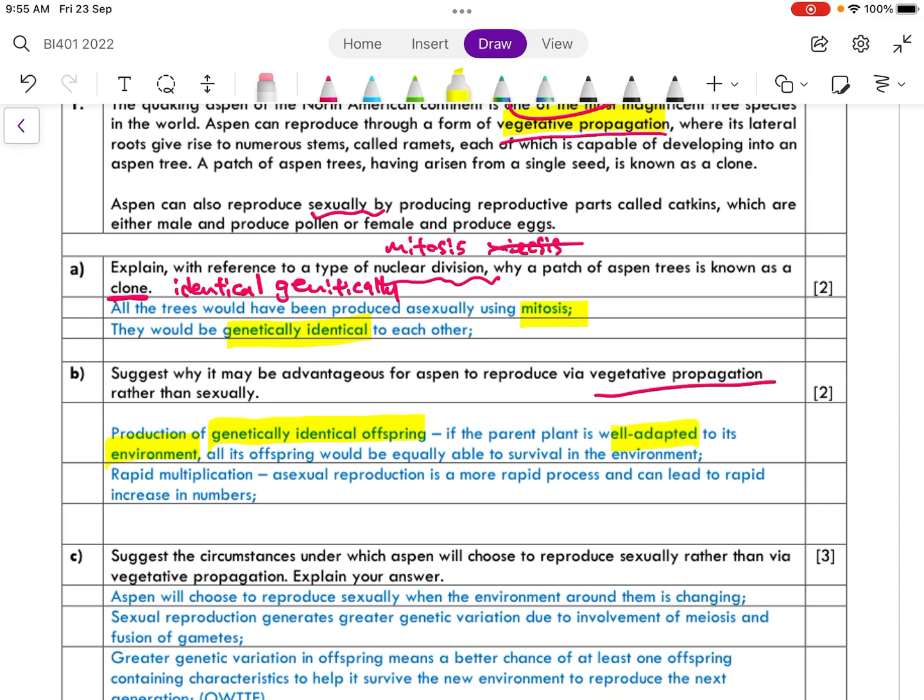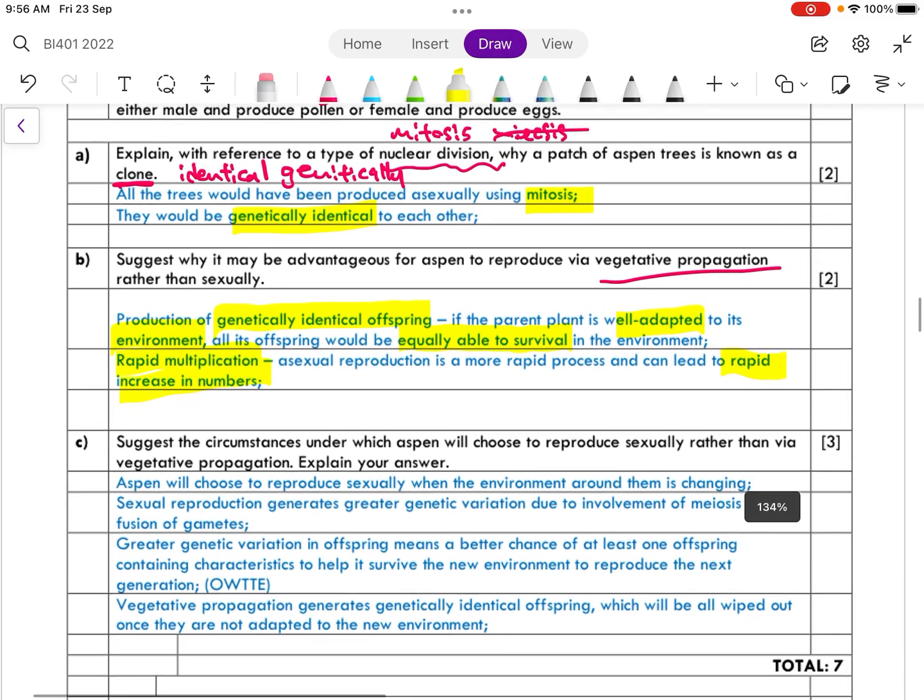If it's already well adapted, that means all the offspring will also be able to survive well in this environment. Asexual reproduction is also much faster, it's very rapid. So this can result in a rapid increase in numbers very fast. These are 2 advantages. You may also find several more advantages in your textbook.